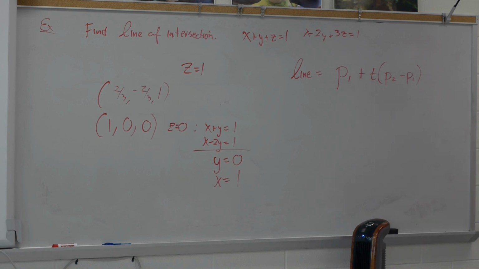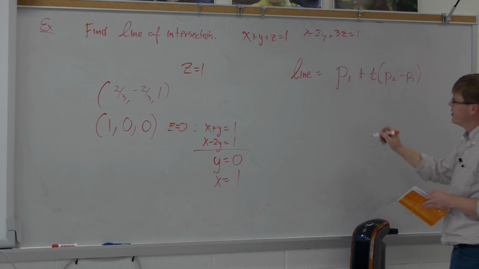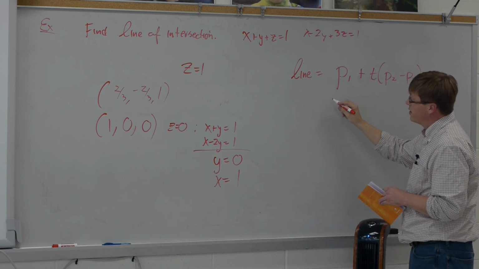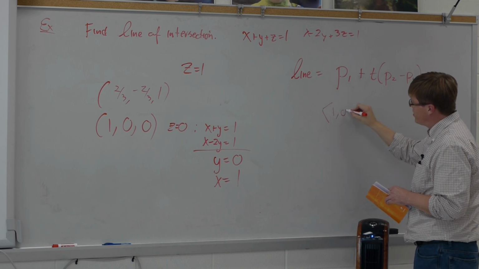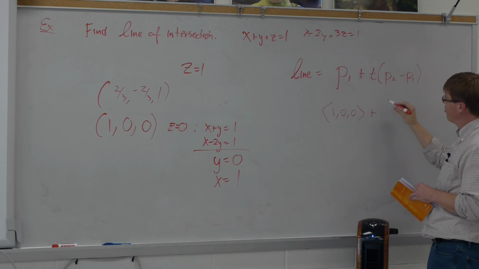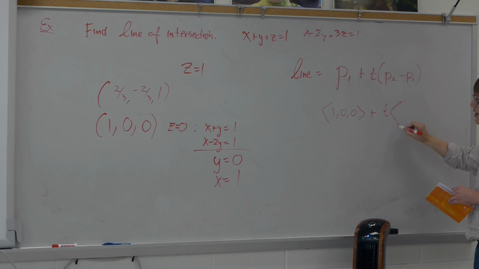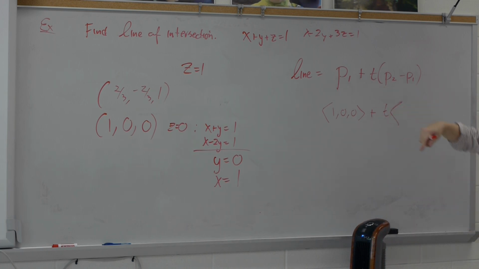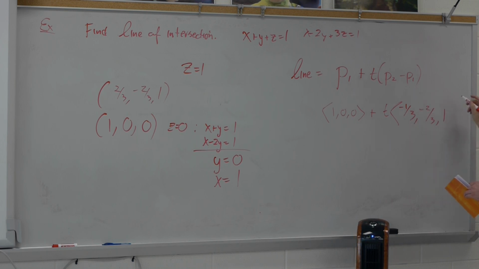Right, that's our equation of a line in vector form. So let's just say it's 1, 0, 0 plus t times, and then the displacement vector there is going to be negative 1/3, negative 2/3, and 1.